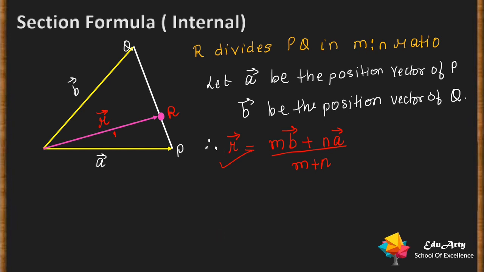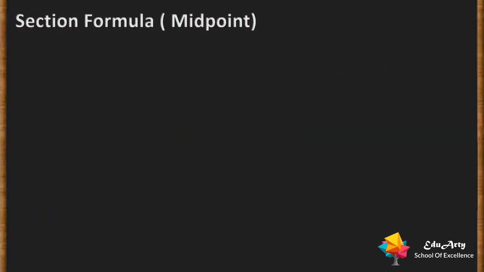Okay, let's go to the next one. In the next one we have the section formula for the midpoint. Maybe I'll first quickly say that suppose this is our line, and again P and Q, correct? Here also we have taken that this point is approximately in the middle.